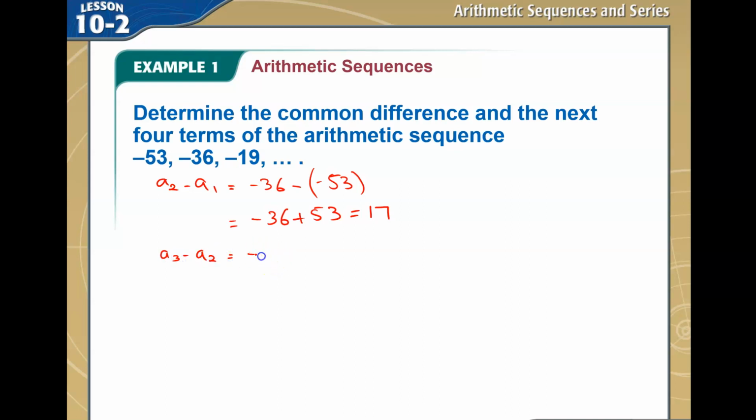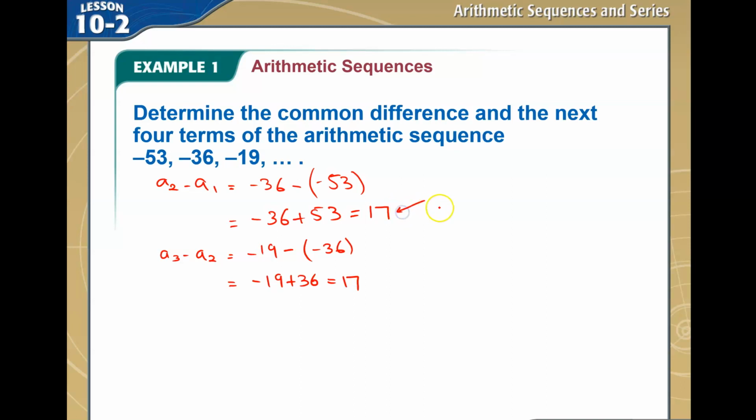Now a3 is negative 19, minus the second term, negative 36. Again, negative and negative become positive, and it's going to be negative 19 plus 36, which is 17.